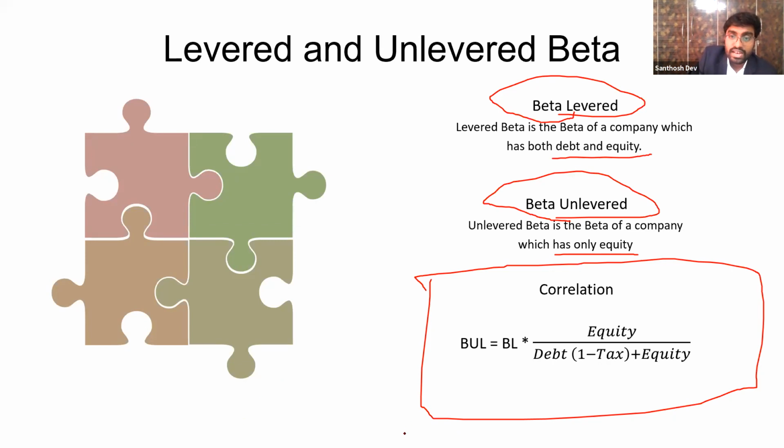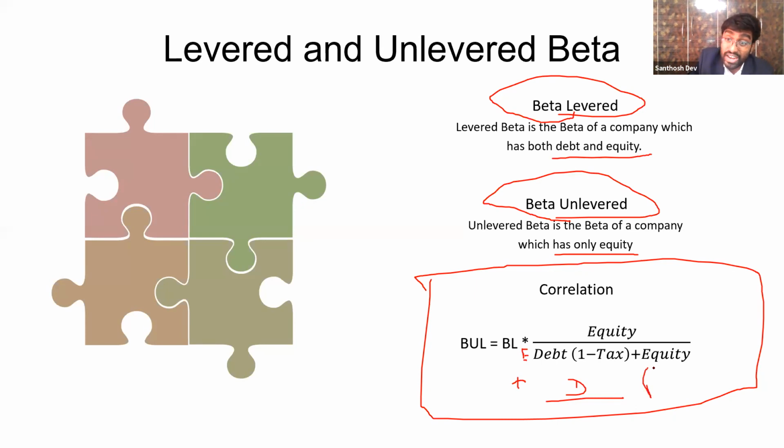See, beta unlevered equals beta levered into equity divided by debt into 1 minus tax plus equity. We are assuming beta levered is the beta of the equity. Weighted, find out what is the debt divided by equity plus debt, as in the previous one.